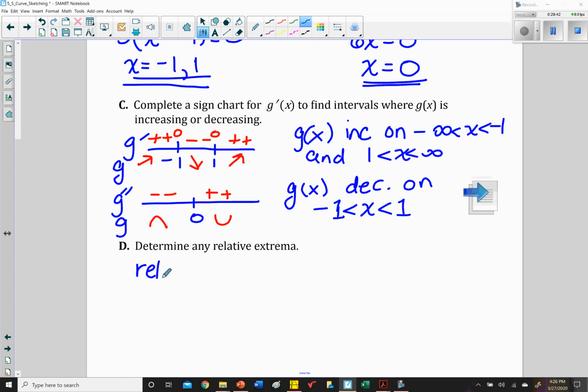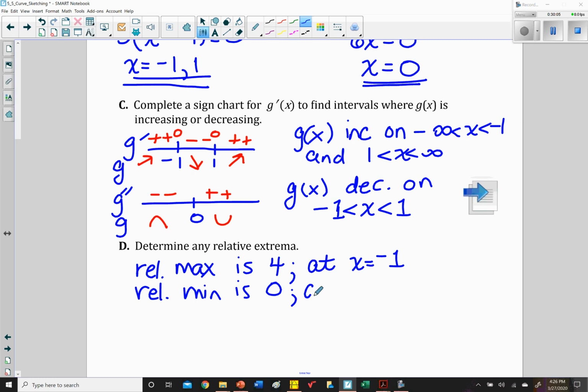So a relative max is 4 if we substitute -1 into our function. And a relative min, I'm giving the value, is 0. The extrema is a y value. Where it happens, they may or may not ask you for the point. Usually not, but you just never know. Okay?